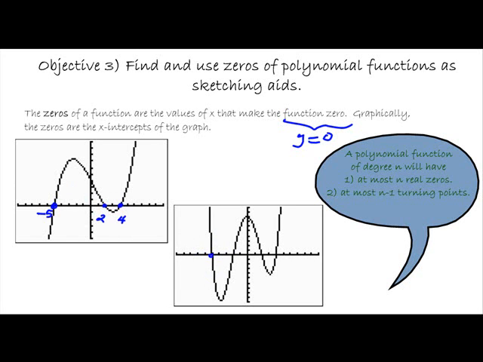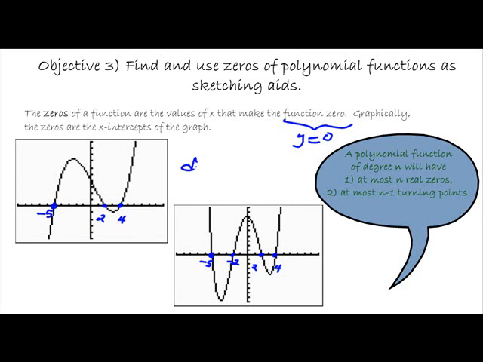The other function we have graphed has 4 zeros at 2, 4, -2, and -5.